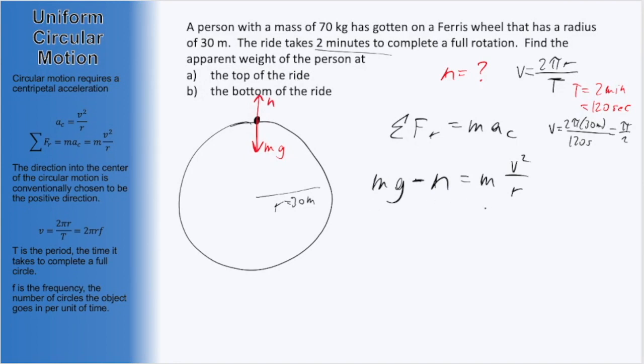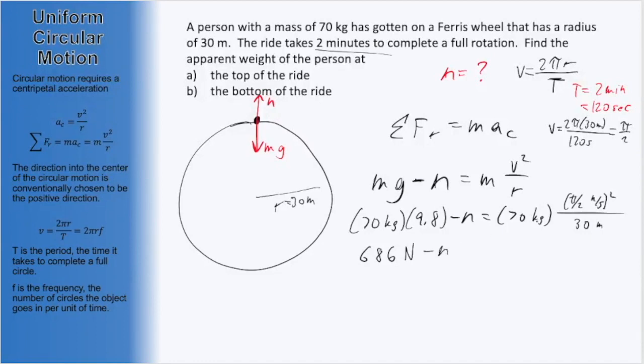So if we start plugging into our net force equation, 70 kilograms for our mass times gravity of 9.8 since we're on Earth, minus the normal force which we are looking for, equals the 70 kilograms multiplied by v squared, which is pi over 2 meters per second squared, divided by the radius of 30 meters. 70 times 9.8 will give us 686 newtons minus the normal force has to equal about 5.757 newtons.